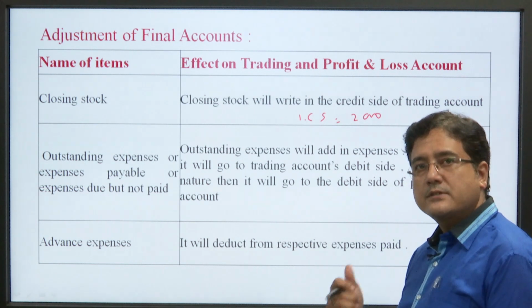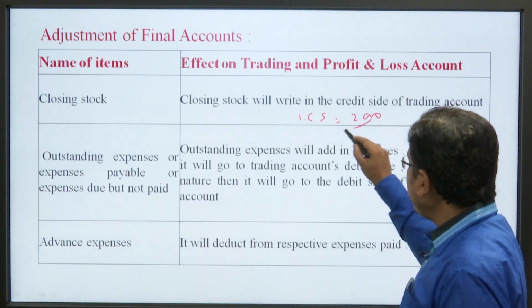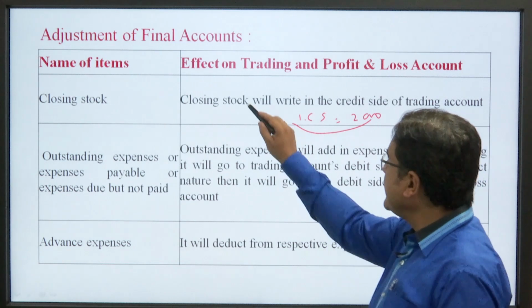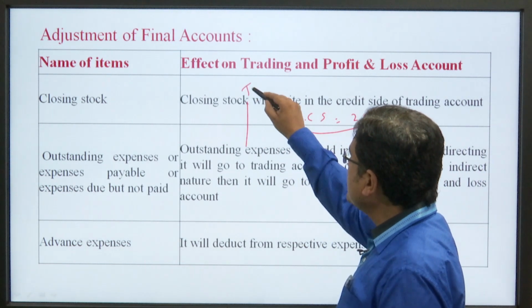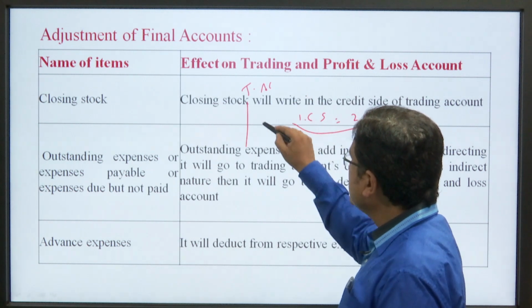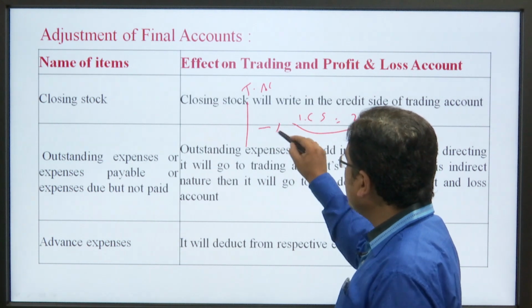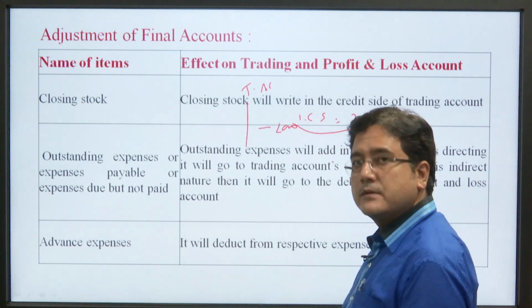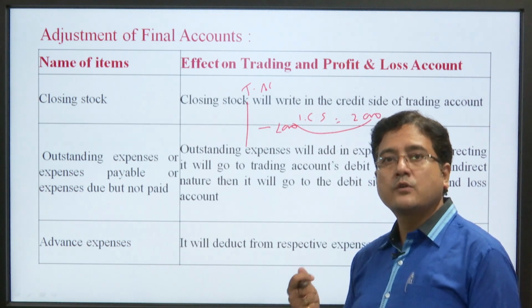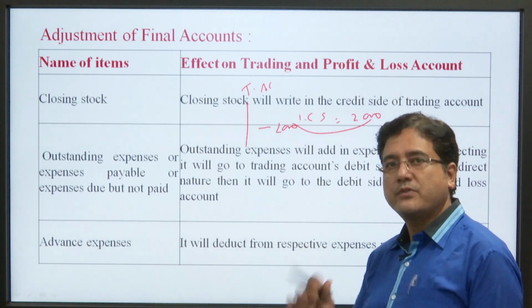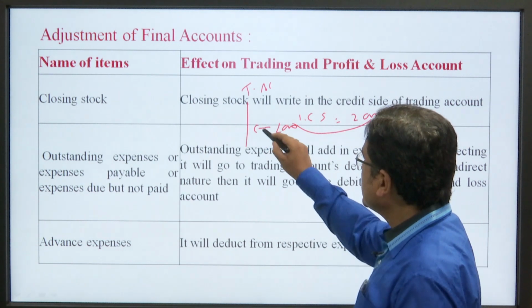So how can we adjust? First we add this amount on the credit side of the trading account, from where we get the gross profit.